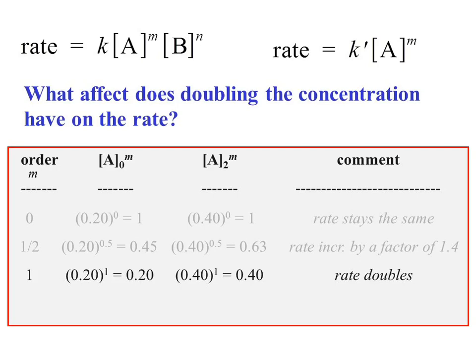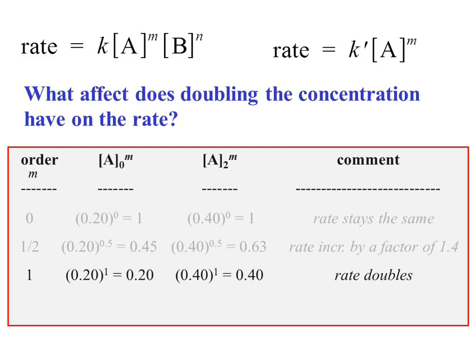If you take the higher rate divided by the lower rate, you get actually 2, right? A factor of 2. 0.40 divided by 0.20 is 2. So your rate is doubling. It will double. If anything, if your reaction order is 1, and if you double the concentration, your rate will double. It's by inspection.